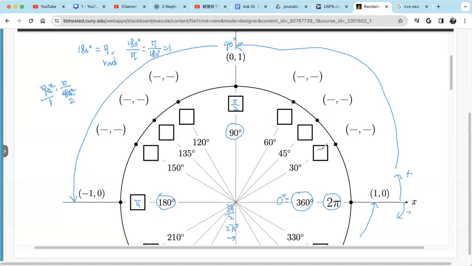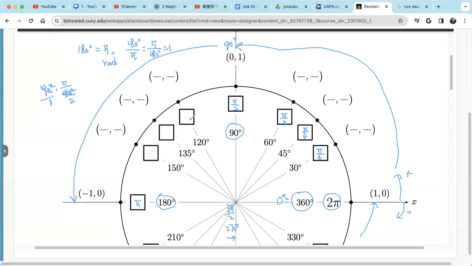So 30 degrees equals pi over 6, because 30 goes into 180 six times. 45 degrees is pi over 4. 60 degrees is pi over 3. 90 degrees is pi over 2.